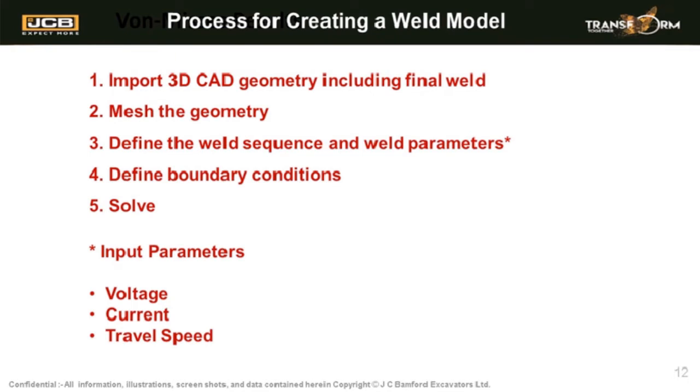That geometry is then meshed, and you have to define the weld sequence and the weld parameters. Those welding parameters are typically voltage, current, and travel speed. You have to define the boundary conditions, so this is related to the tooling and your fixtures, and then you press the solve button and wait for the results to come out.